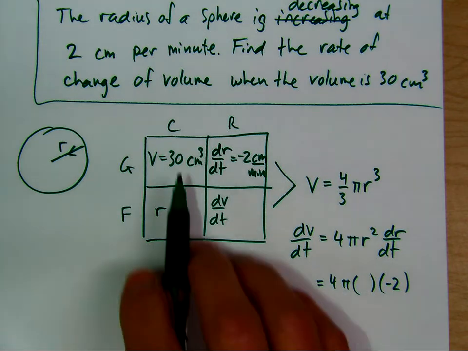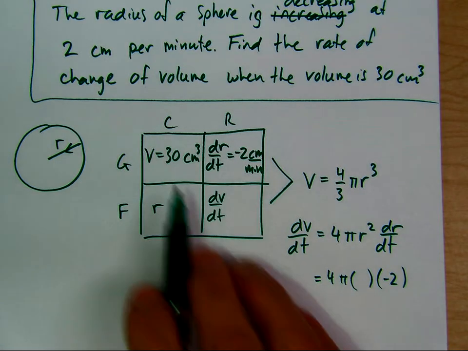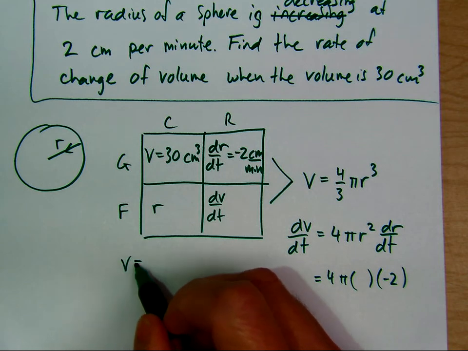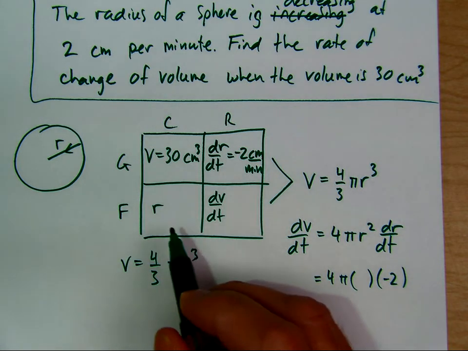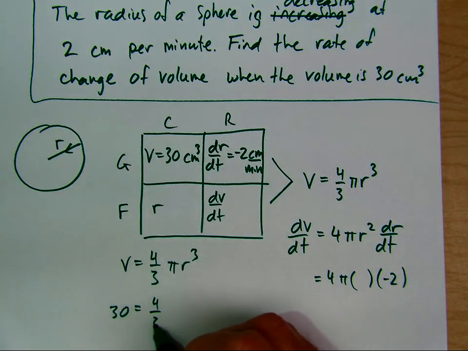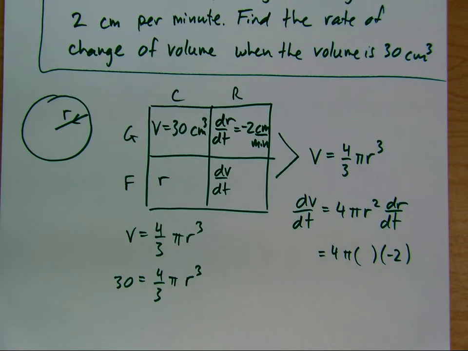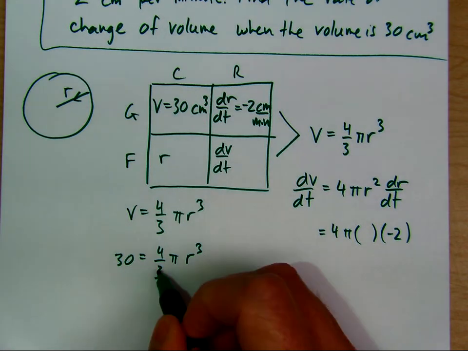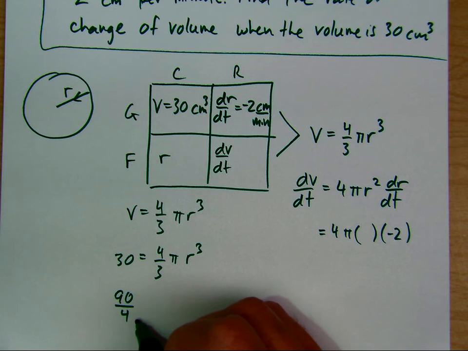Maybe you don't know it in the beginning, but as you go through it, you say, oh, I'm missing r, but we do know V, and we have V is 4/3 pi r cubed. We need to find r, but we know V. And we'll multiply by 3 is 90, divide by 4, and divide by pi.